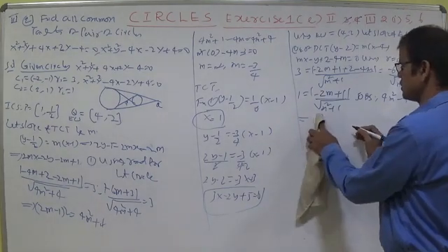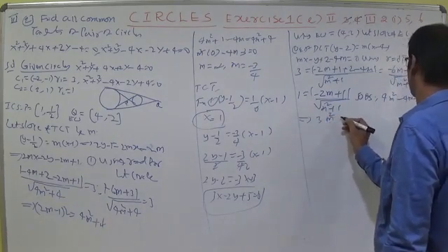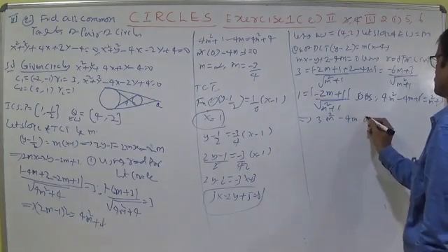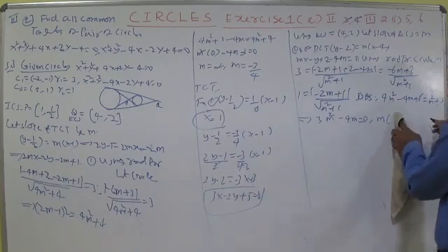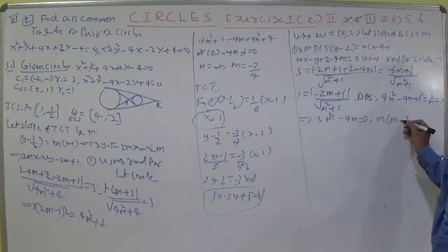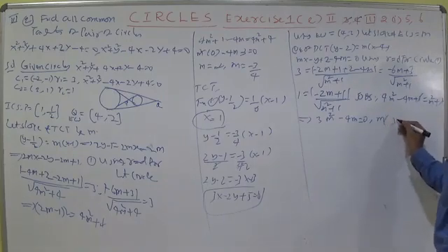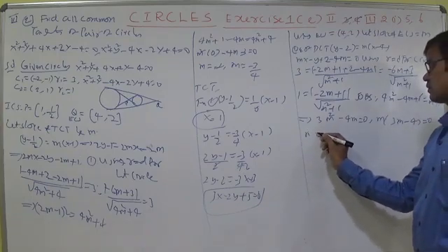You can write this as 3m square minus 4m equal to 0. Taking m common, m into 3m minus 4 equal to 0.